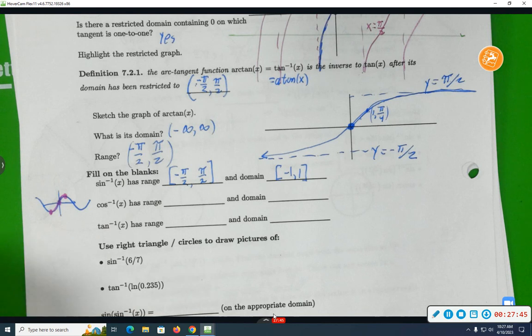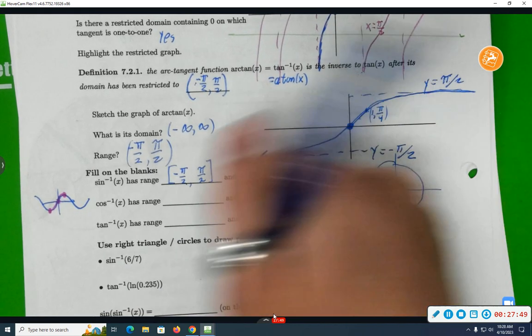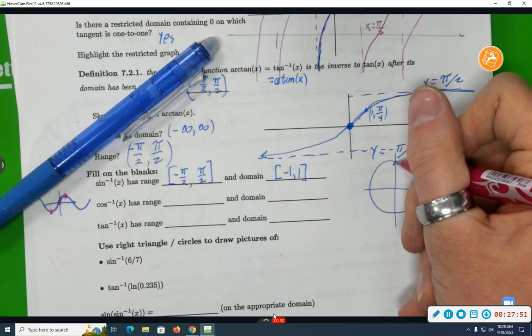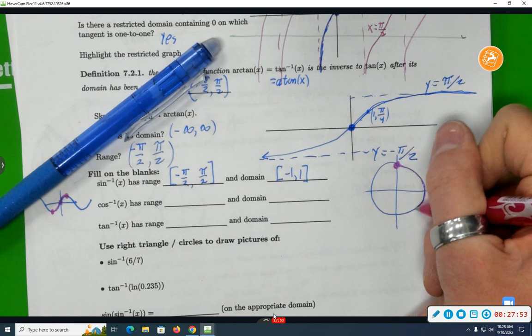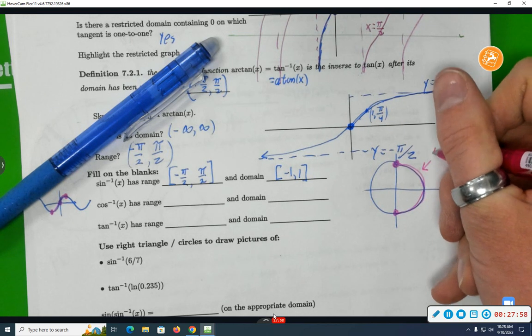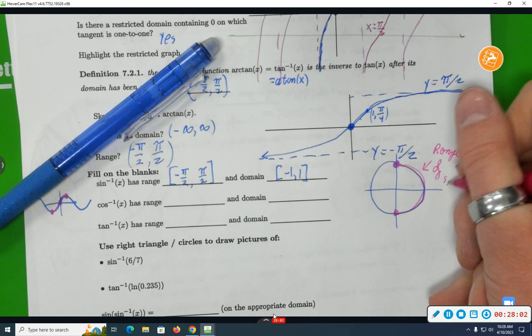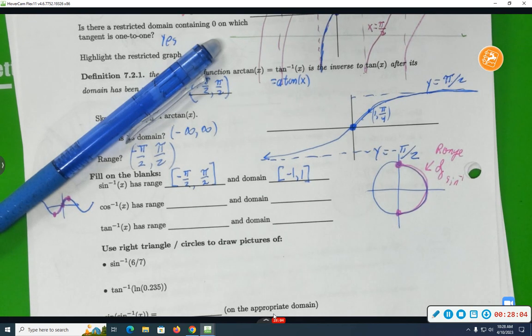Maybe I'll draw one more, like a unit circle picture. So there's the range of sine inverse, negative pi over 2 to pi over 2. Same question for inverse cosine.